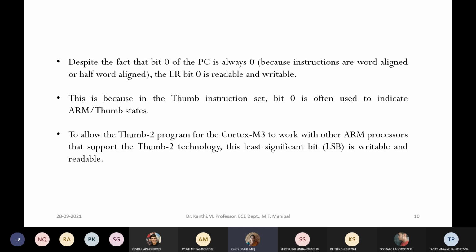Maybe you must have noticed in your CPSR there is a bit used to identify whether it is thumb mode or ARM mode. And to allow the Cortex M3 to work with other ARM processors that support thumb 2 technology, the least significant bit is writable and readable. So that is what we do in the Cortex M3, because it can also be used in thumb 2 as well as in the thumb 16-bit modes.